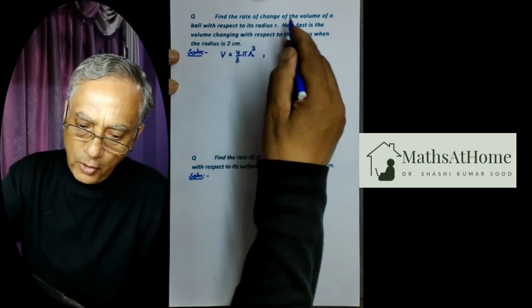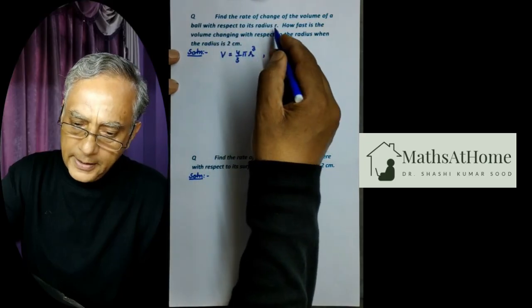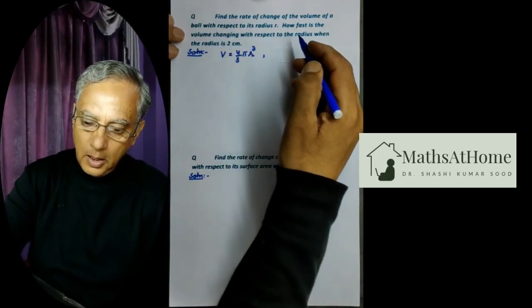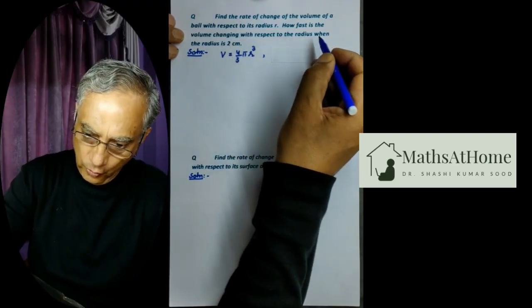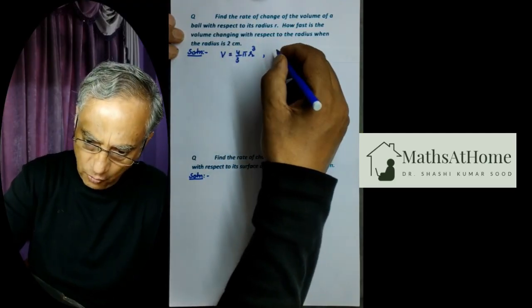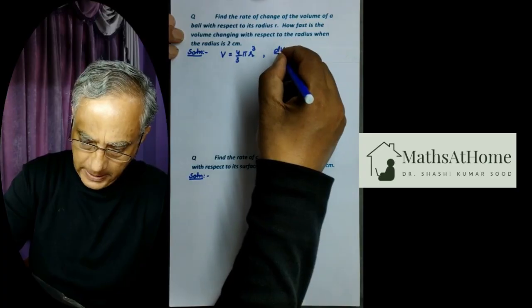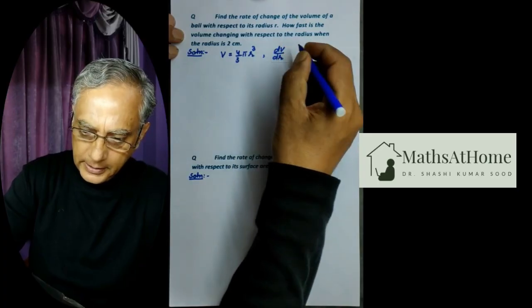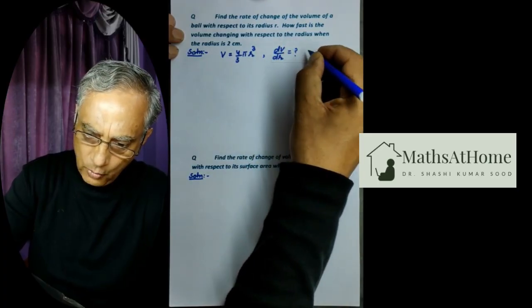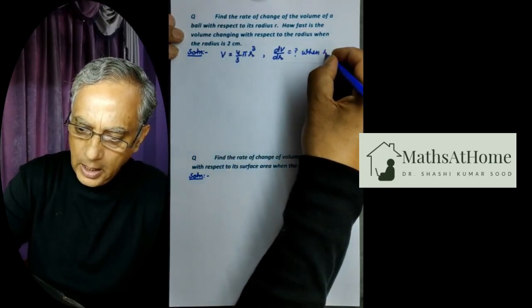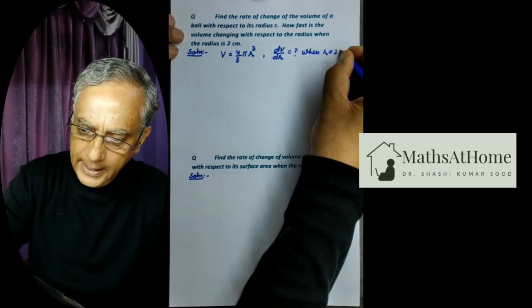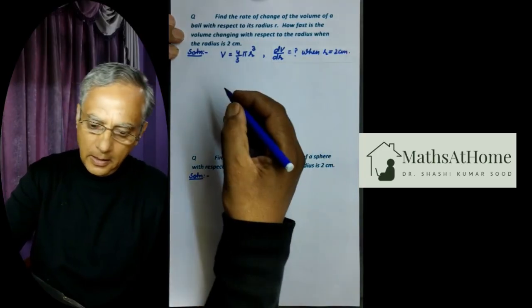We have to find the rate of change of volume with respect to the radius, when r is equal to 2 centimeters.